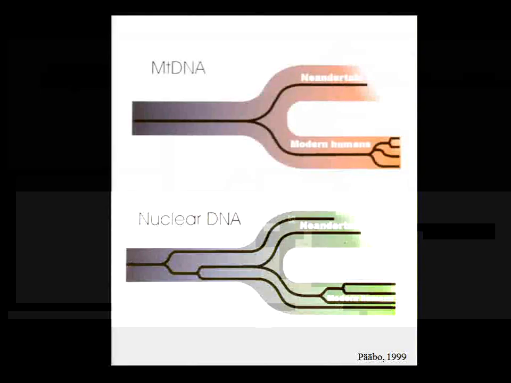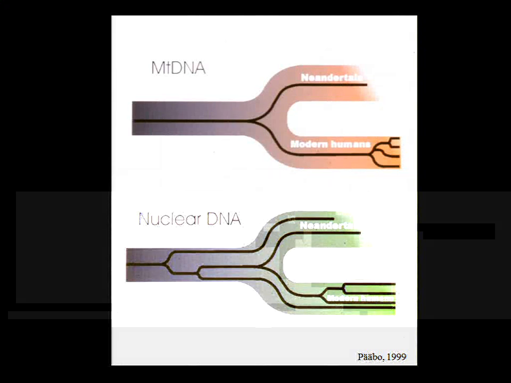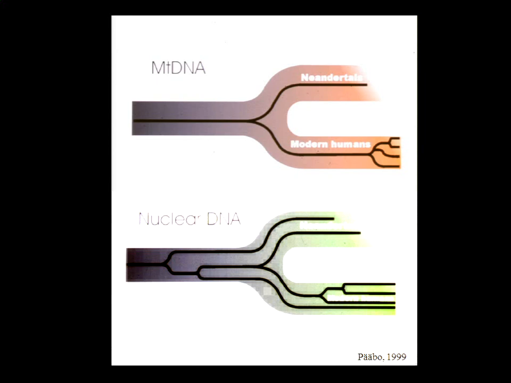But that's the mitochondrial situation. We know, of course, that allelic differences among people living today go back, on average, something like 500,000 years, and often more, up to 1 million years or even more.